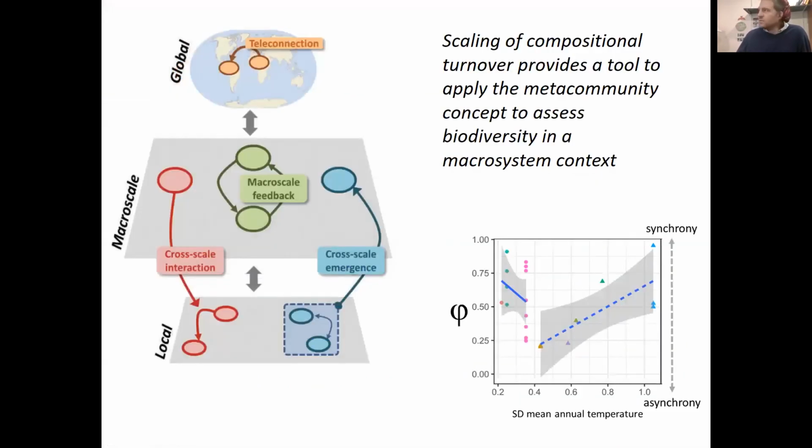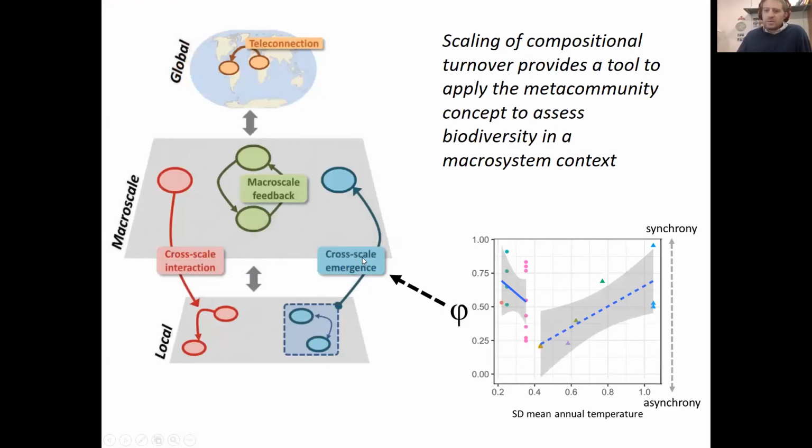Okay, so back to putting this all in context. We have this approach that we're taking, looking at scaling of compositional turnover in metacommunities and how it could provide a tool to apply the metacommunity concept to assess biodiversity in a macrosystem context. What I mean by that is this analysis approach gives us information about cross-scale emergence.